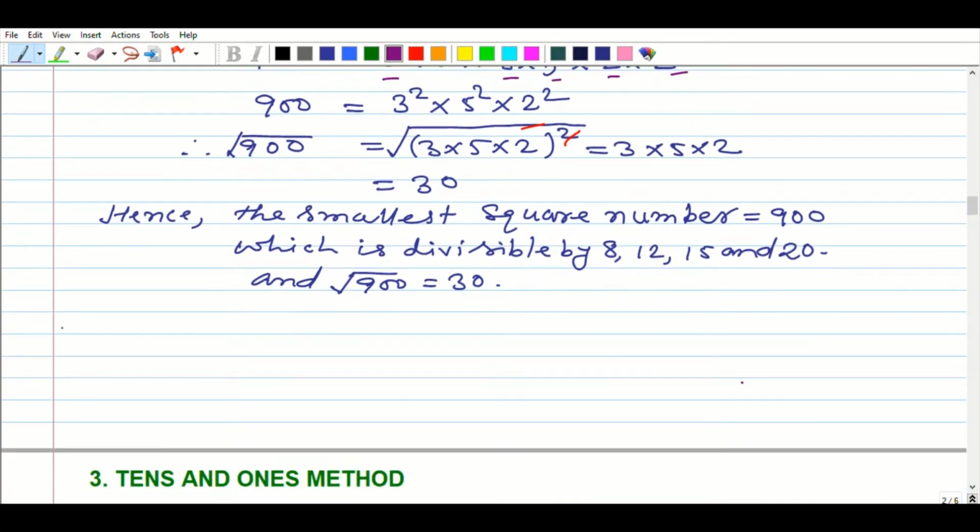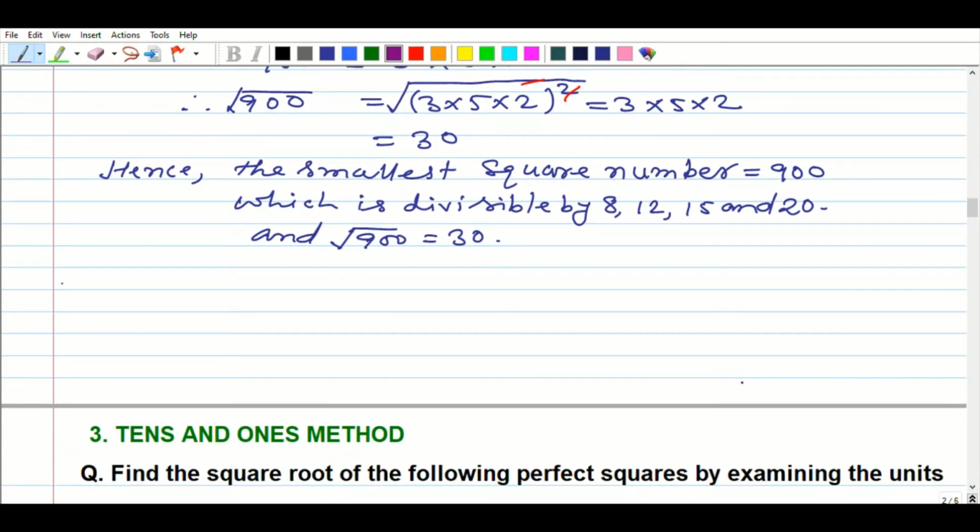So come to the next method, that is the tens and ones method. It is also very easy and it helps to solve the question very quickly, so it is very important. The square root of a perfect square up to 4 digits can be easily found by finding their ones and tens digit.